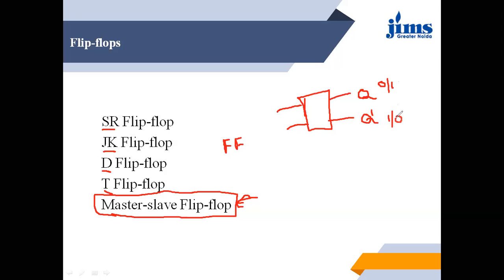So this is the basic property of the flip-flop. And there are always two inputs to change the value of the flip-flop. As I told you earlier, to change the values of the flip-flop, we need a clock pulse. So there should also be a clock pulse based on which the values are going to be changed in the flip-flop.